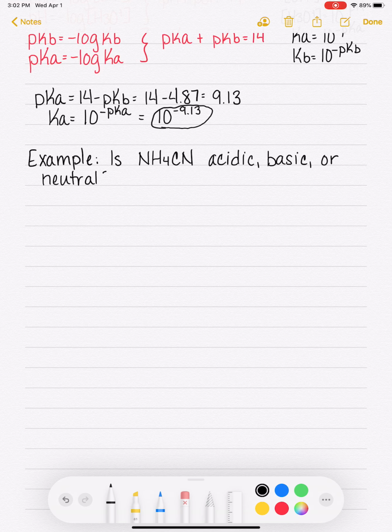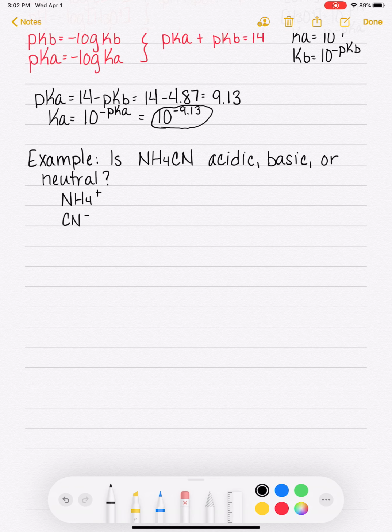Let's pretend we didn't know that this was one of the tricky problems. We were just going to approach it like normal. So what we would do is first look at the cation. The cation for this is NH4 plus. And then we would look at the anion. The anion is CN minus.